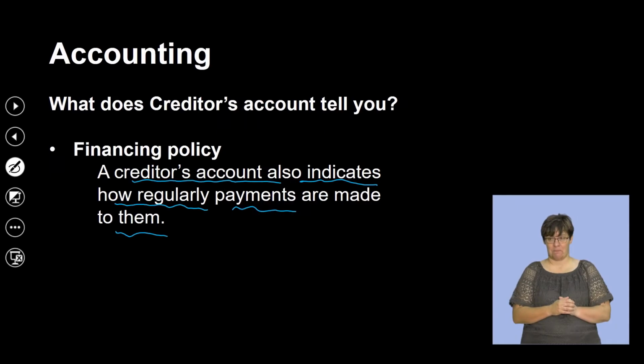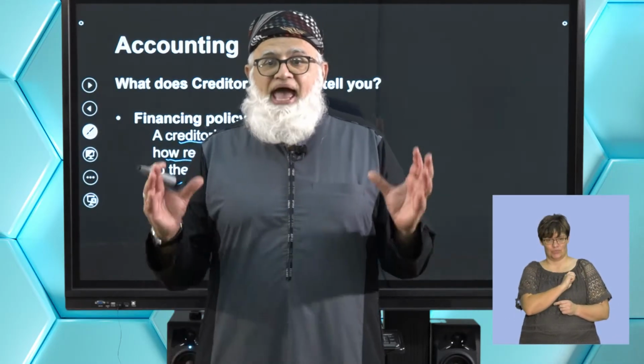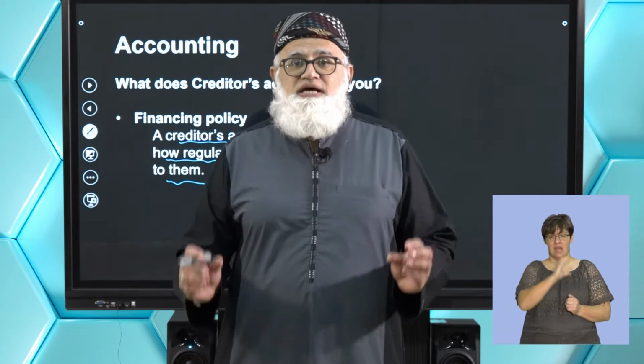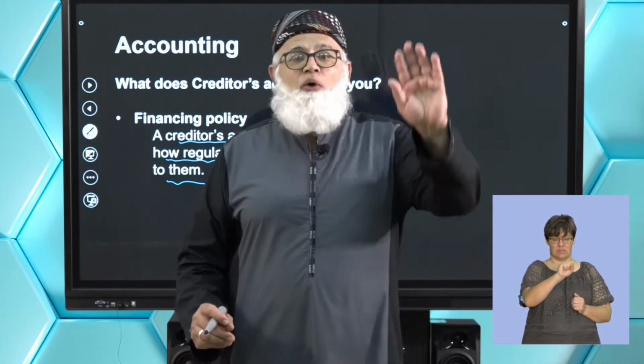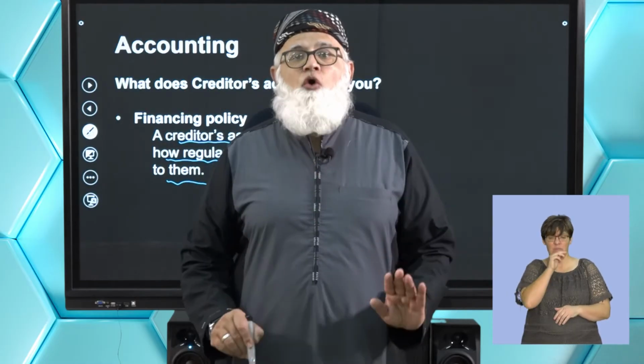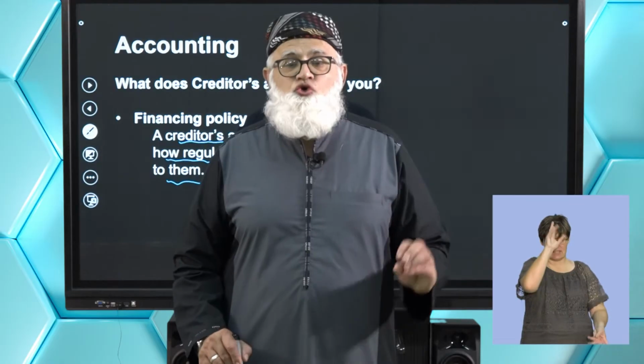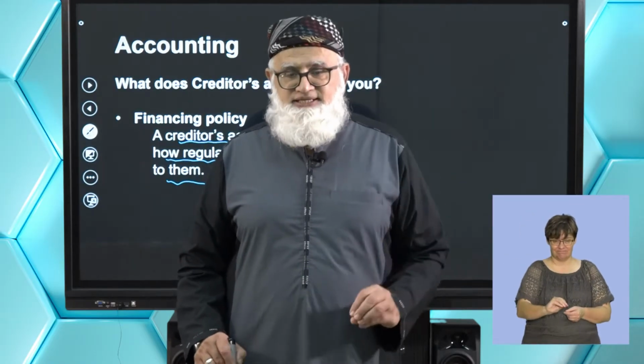Okay, so people, if we summarize the first segment of our lesson, we can clearly see that we have a creditors control account in our general ledger, which is a summary of all my credit transactions entered into with my creditors.